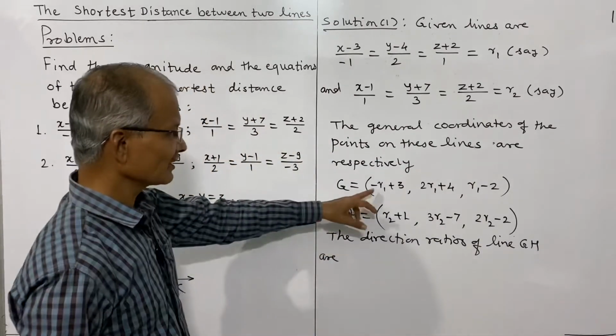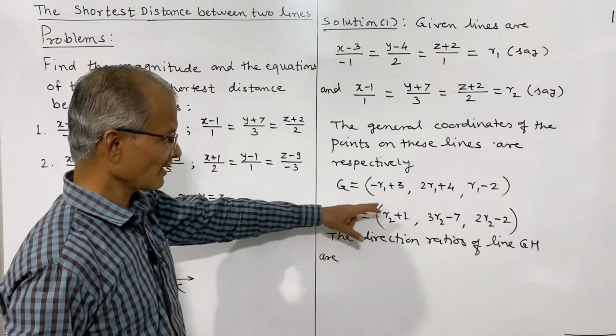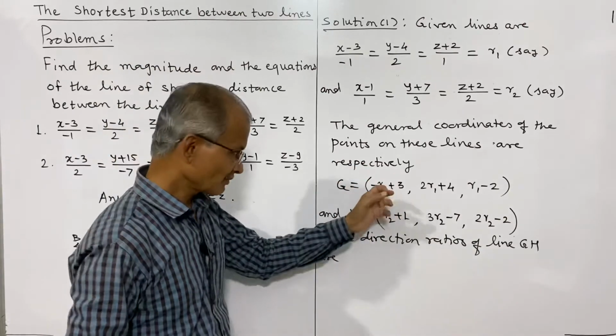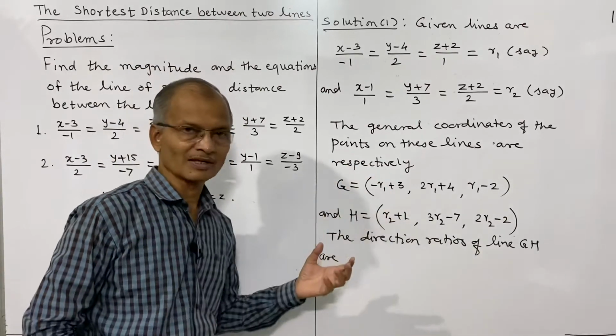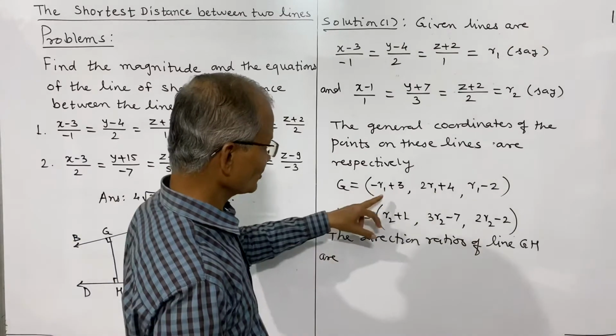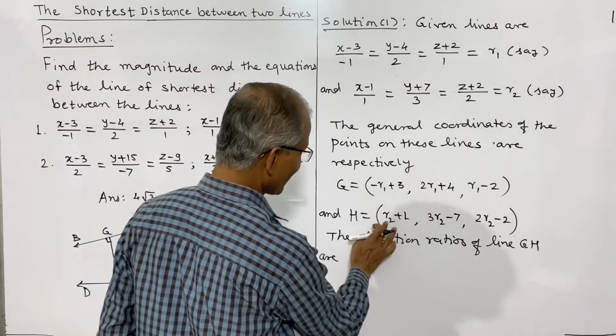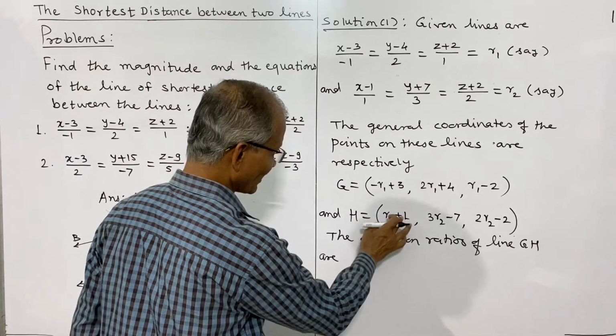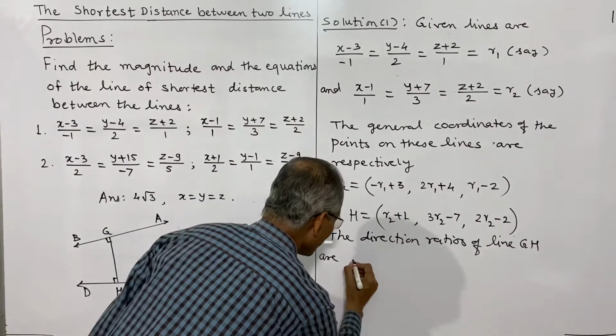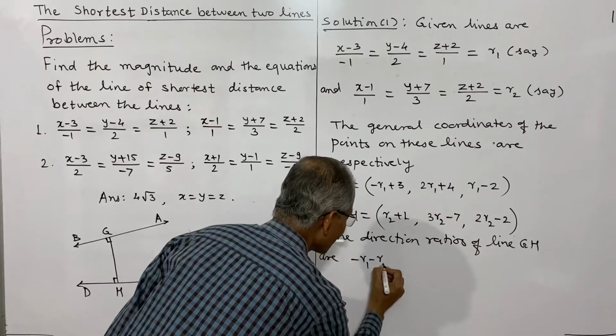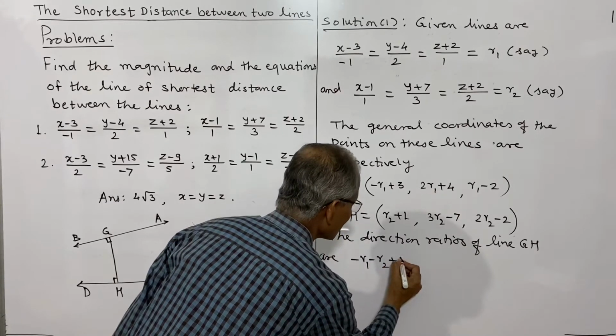Now we can subtract this, anyway, x1 minus x2 or x2 minus x1, but the subtraction should be in the same way. So this is R1 minus R2, 3 minus 1 is 2. So minus R1 minus R2 plus 2.